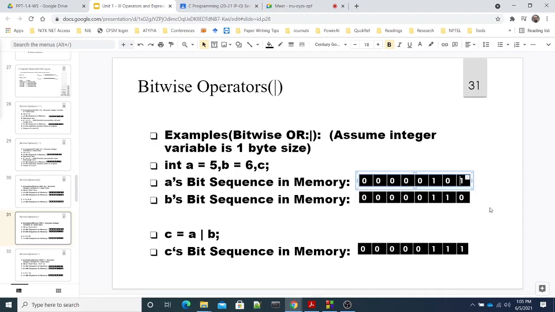The truth table of logical OR: 1 or 0, 1. 0 or 1, again 1. 1 or 1, again 1. 0 or 0, 0. Like that. This is bitwise OR operation. This is the bit sequence corresponding to decimal digit 7.